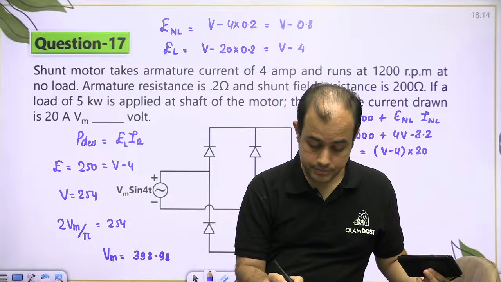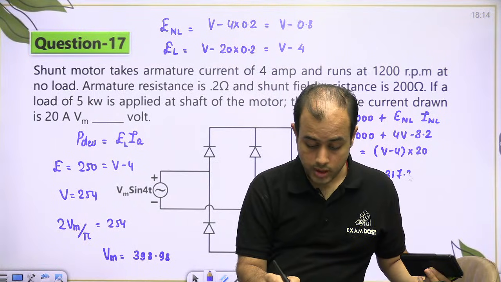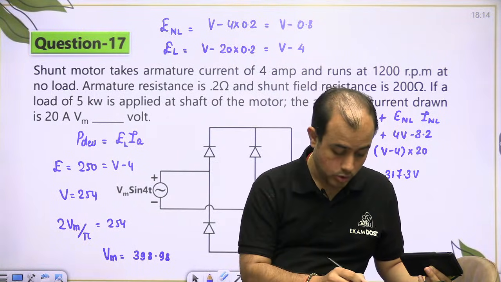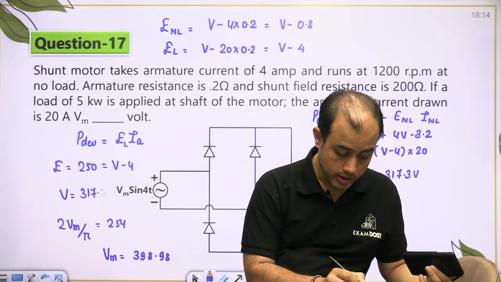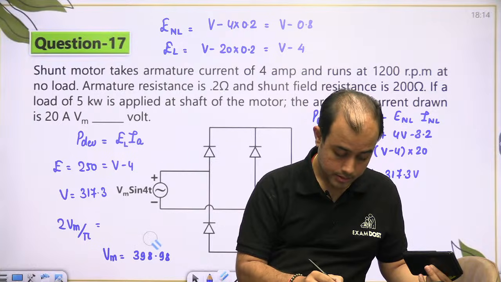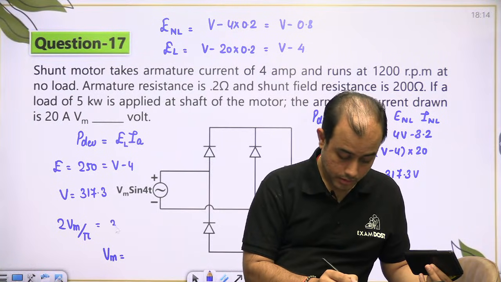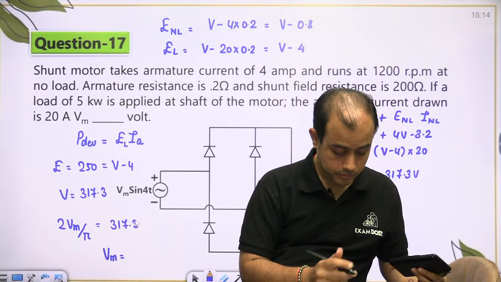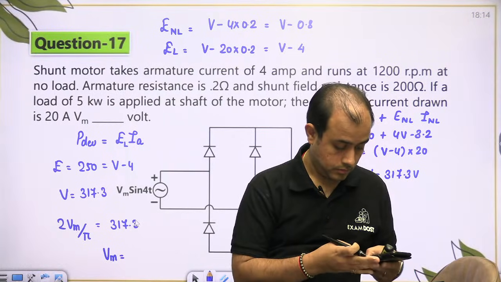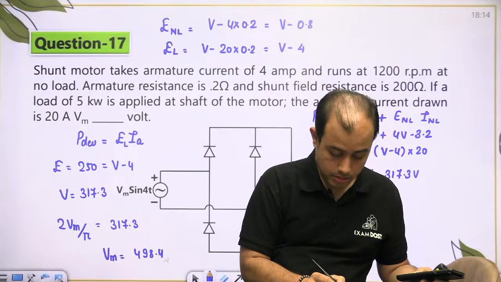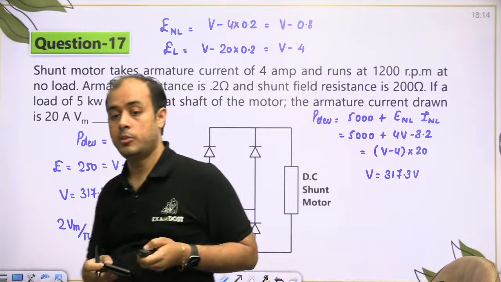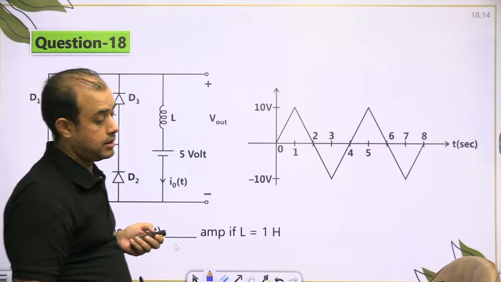So V came. Beta, you have to add rotational loss. You cannot ignore them because no load current is given. 498.4 volt. Okay.